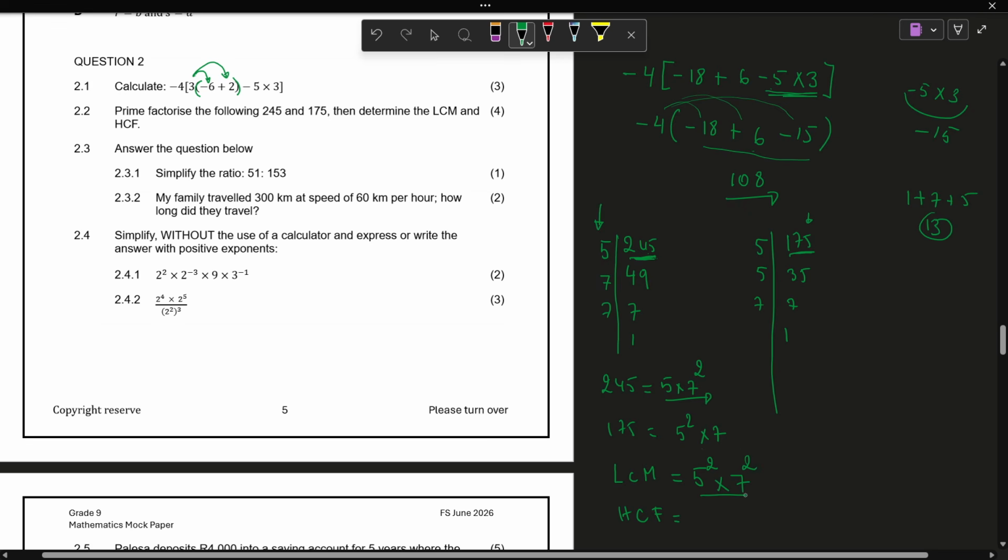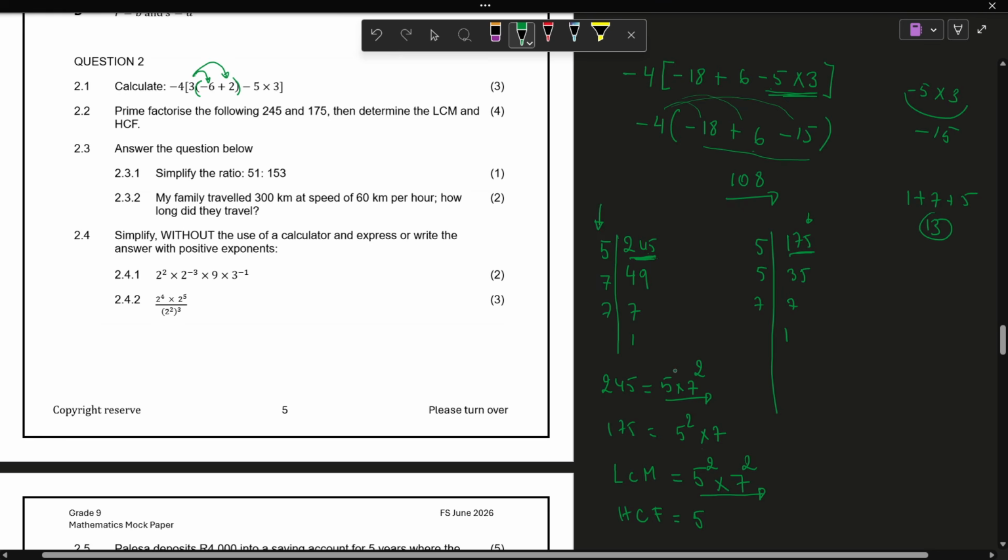So this is it. What is our highest common factor? The highest common factor is the other way around. We want to take the lowest exponent. So the factor here we have is 5. It must be on both sides, right? So we've got 5.